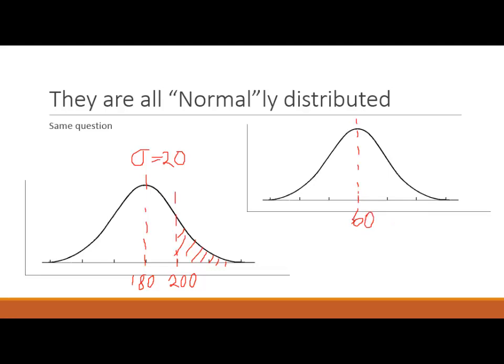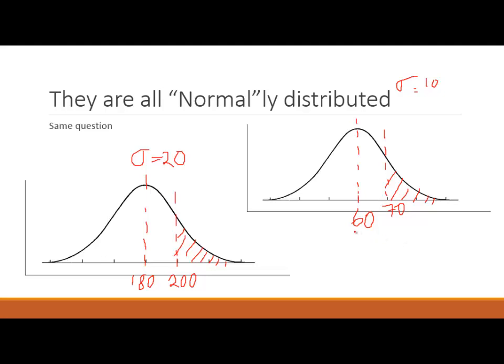It is normally distributed, let's say, with a standard deviation of, let's say, $10,000. If I ask you the question, what is the probability that a juggler that we get at random makes more than $70,000? The answer to both the weight question and the juggler question is the same.